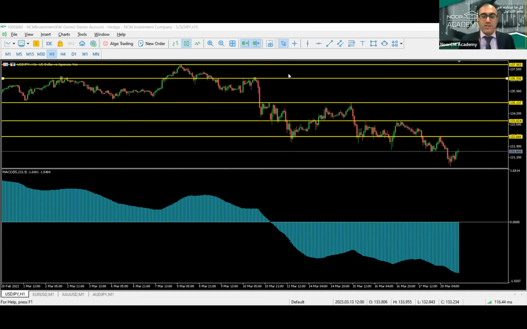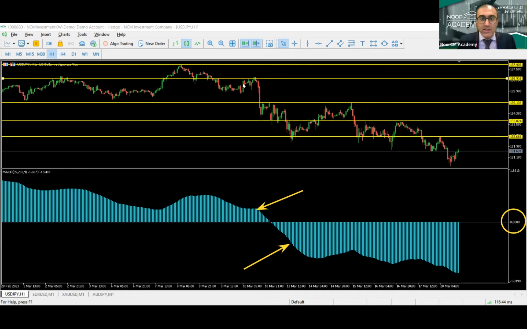Okay, now let's understand this first. Number 1, these bars. We have a zero line here. These bars that you're seeing in aqua color are called histograms.